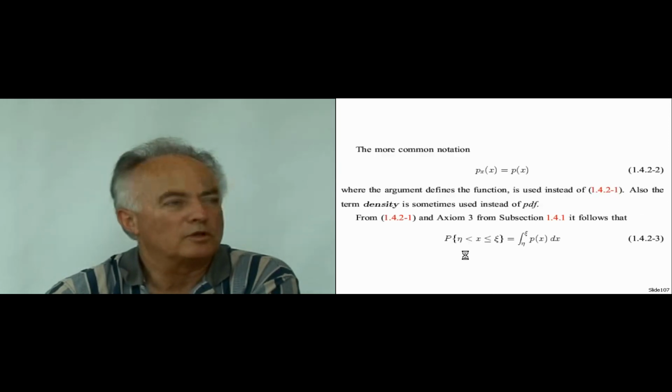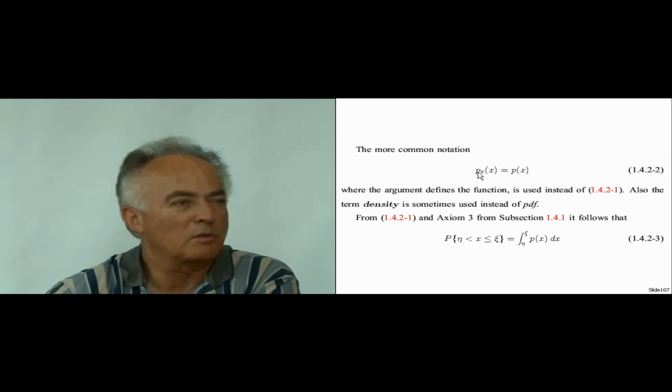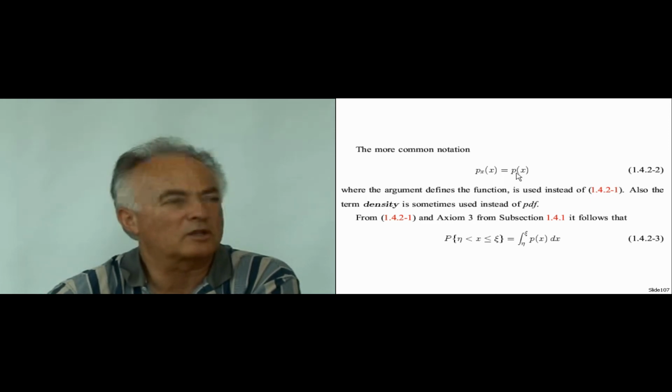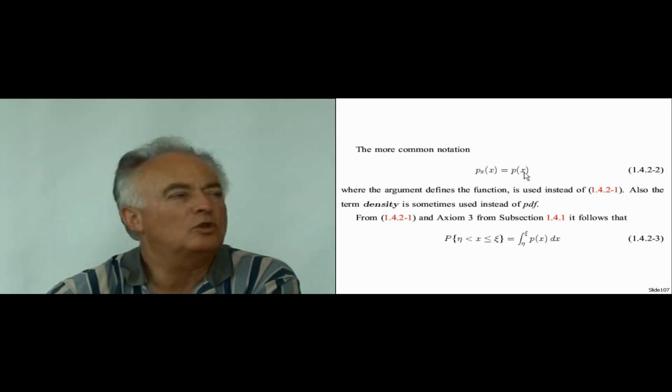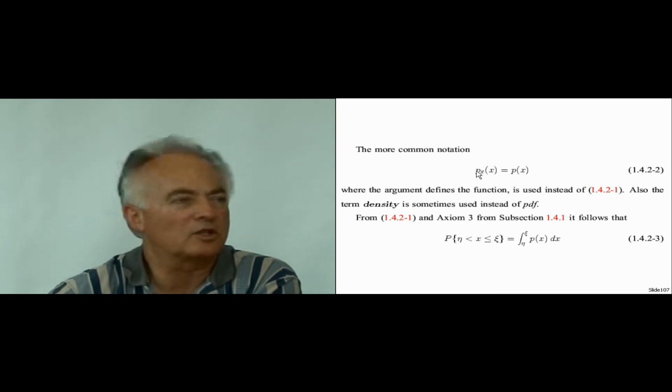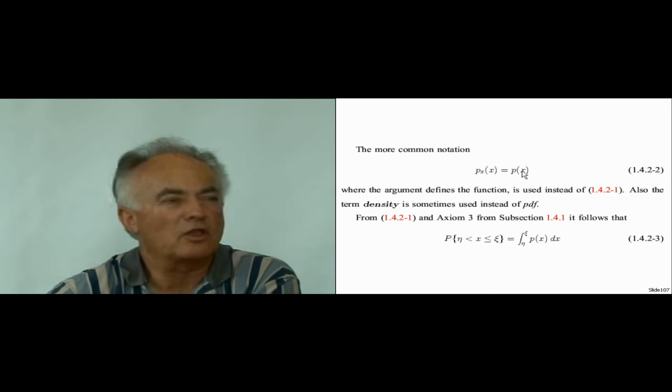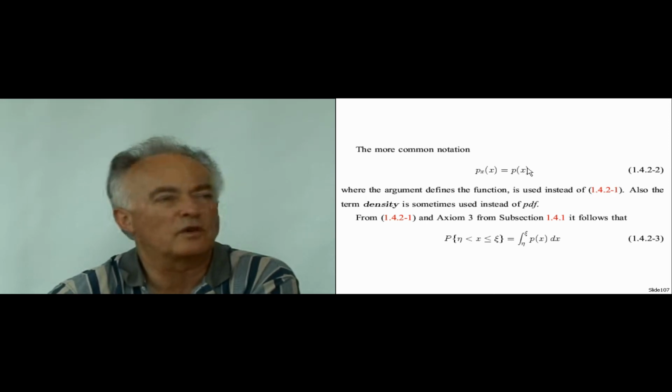Typically, there is a more complicated notation and a simplified notation. P sub x at x is just P of x. So what we really do is have the probability density function of the random variable x at location x just denoted as P at location x, and the name of the argument here really defines the function.